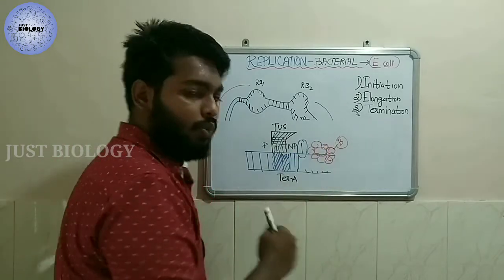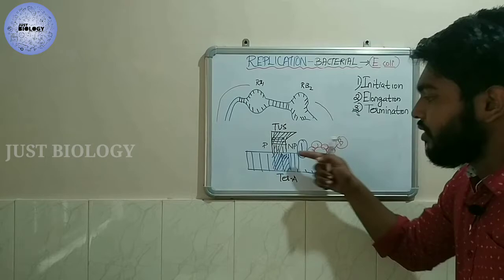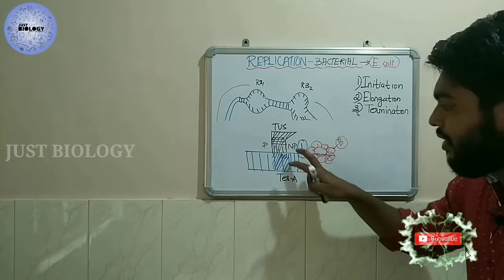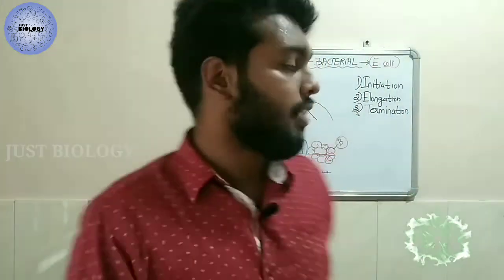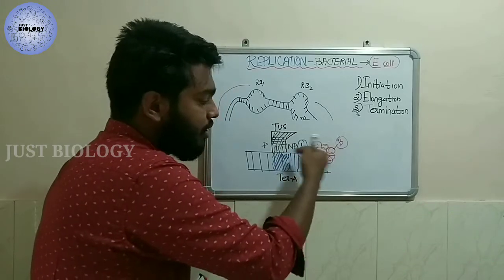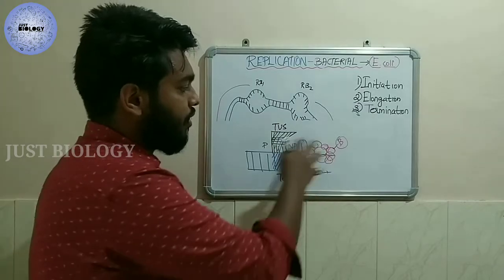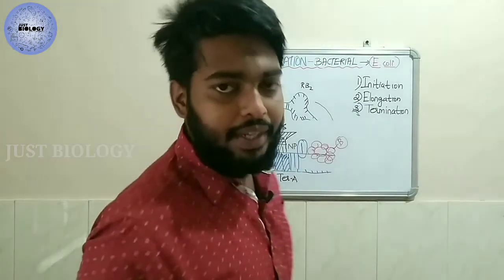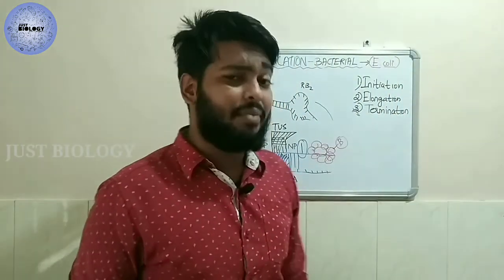So the B protein, once it meets this non-permissive end, the TUS-TER complex will flip one of their bases apart so that the B protein cannot identify or read this frame. As a result, the B protein will dissociate or fall off. So this is the basic idea of the termination, and this is more than enough for understanding the termination process.